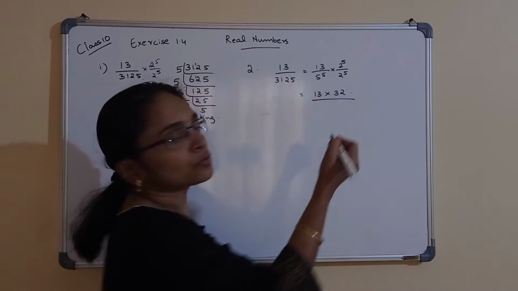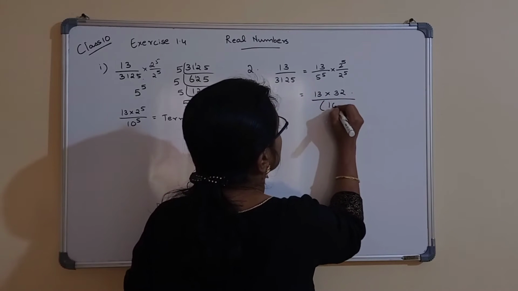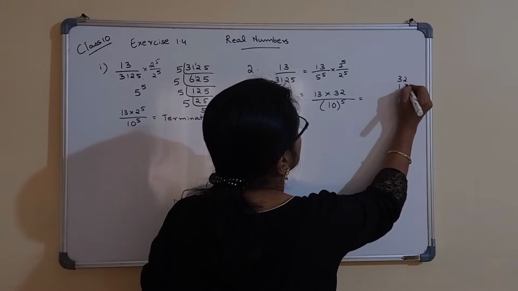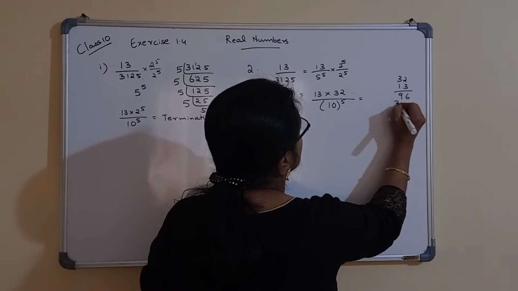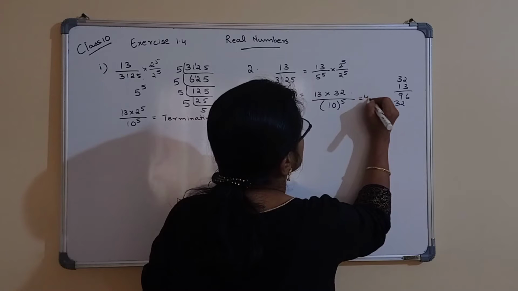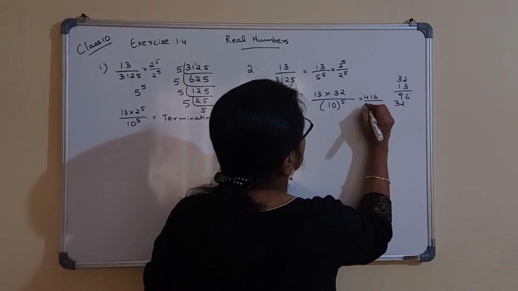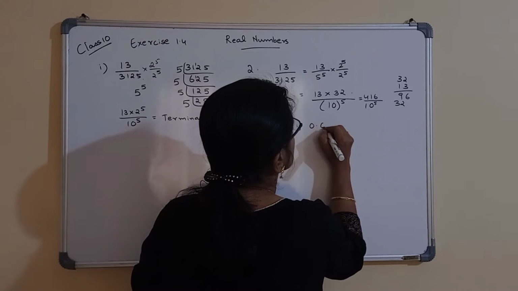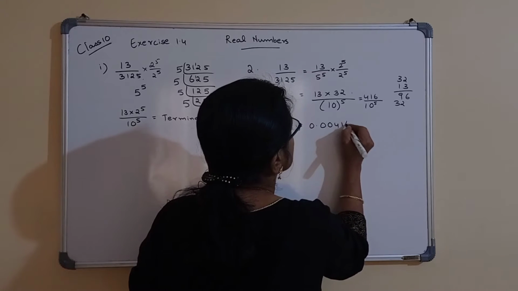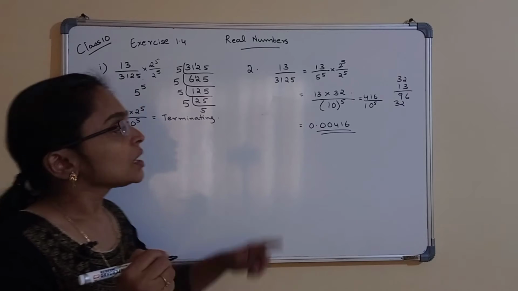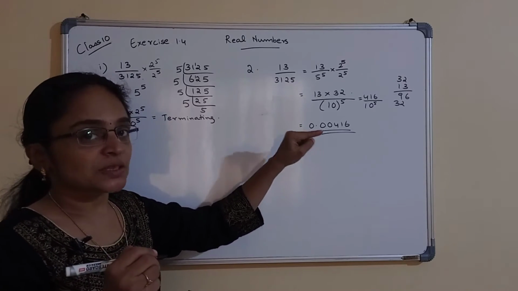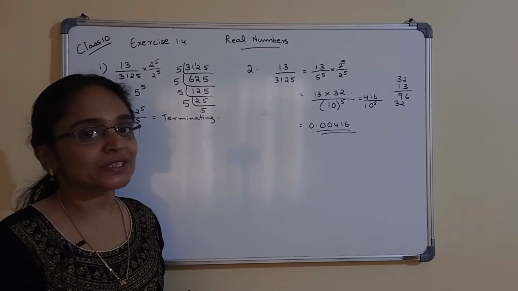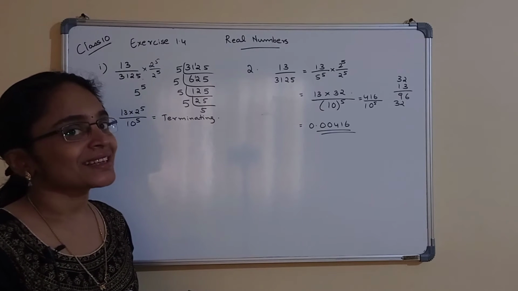And 5 raised to 5 into 2 raised to 5 is 10 raised to 5. 32 into 13 is 416, so 416 by 10 raised to 5, which is equal to 0.00416. So the decimal expansion of 13 by 3125 is 0.00416. Understood?